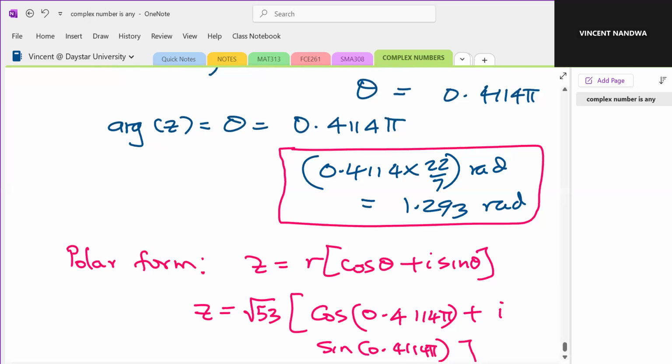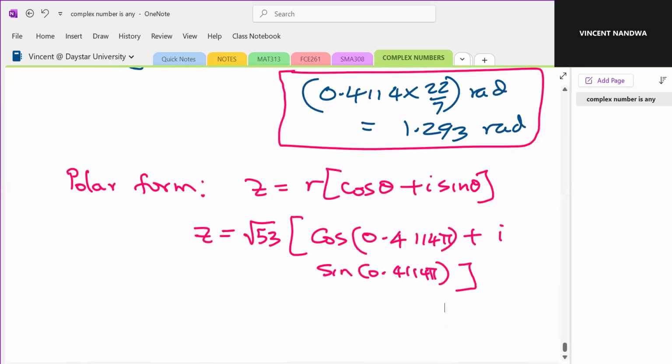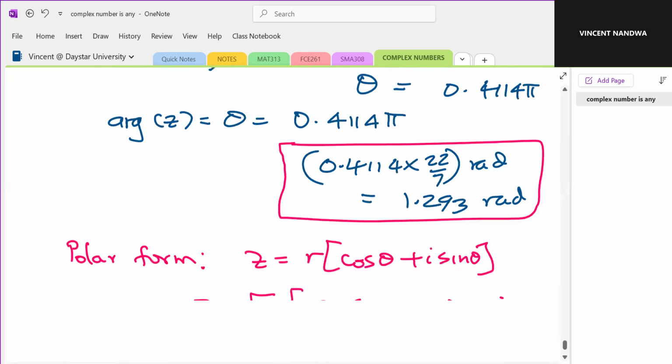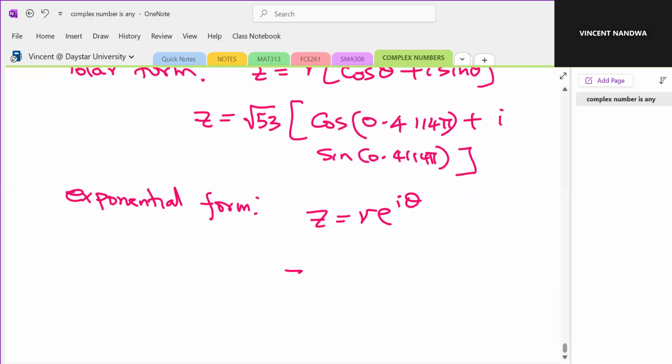Or if you like, you can say root 53 times cosine of the angle 74.05 degrees plus i sine 74.05 degrees. Then the exponential form will be z equals r e raised to the power i theta, or theta i. So which will be z equals root 53 e raised to the power 0.4114 pi i.